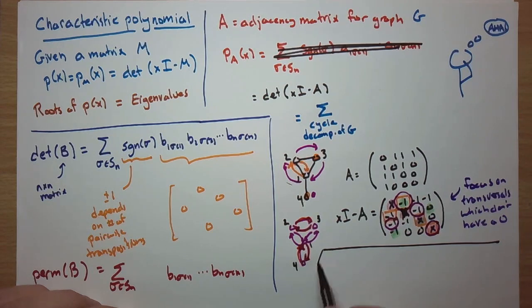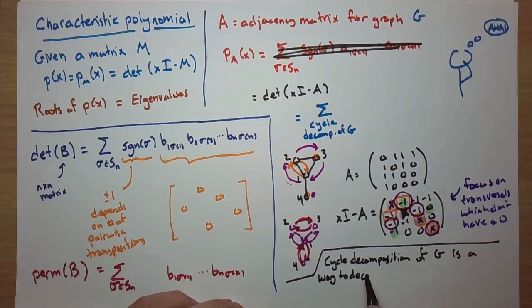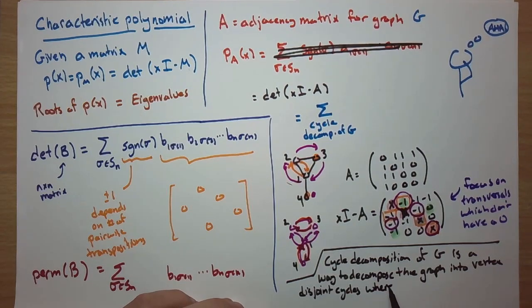A cycle decomposition of G is, I want to be careful here, a way to decompose the graph into vertex disjoint cycles where each vertex is in one cycle.